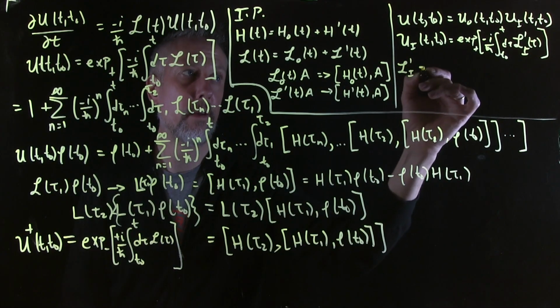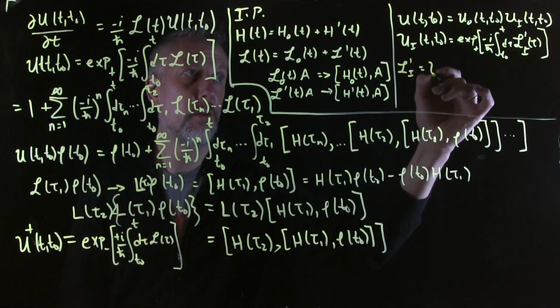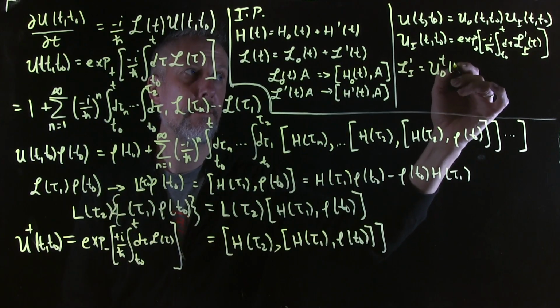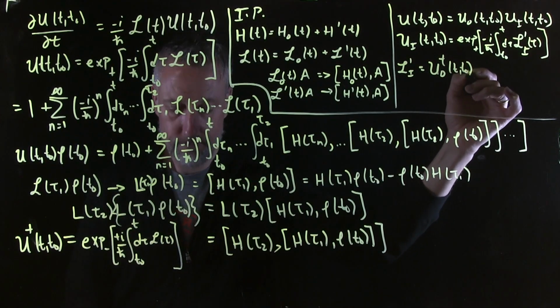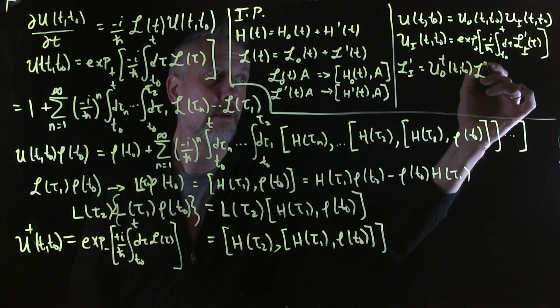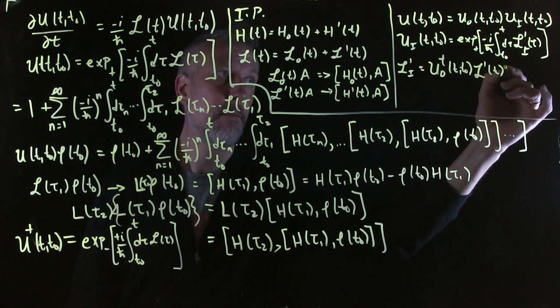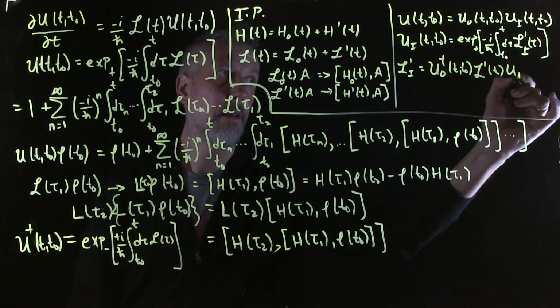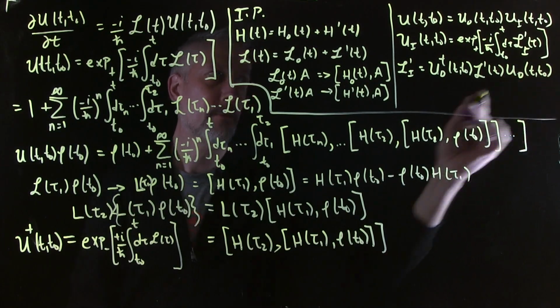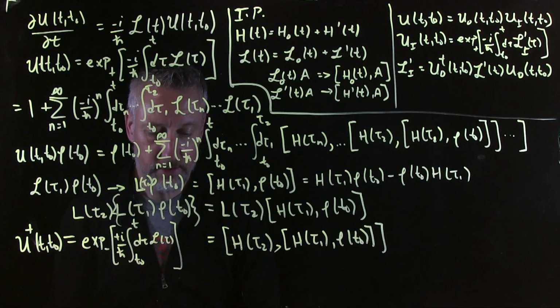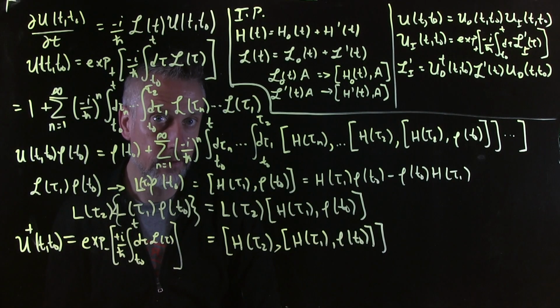Let's say, that's U naught dagger on L prime U naught, not dagger. So it's that same kind of transformation that we did originally in Hilbert space to the operators to make them interaction picture operators.